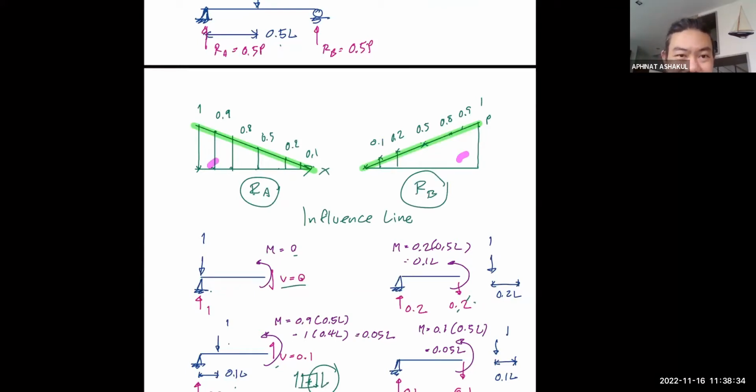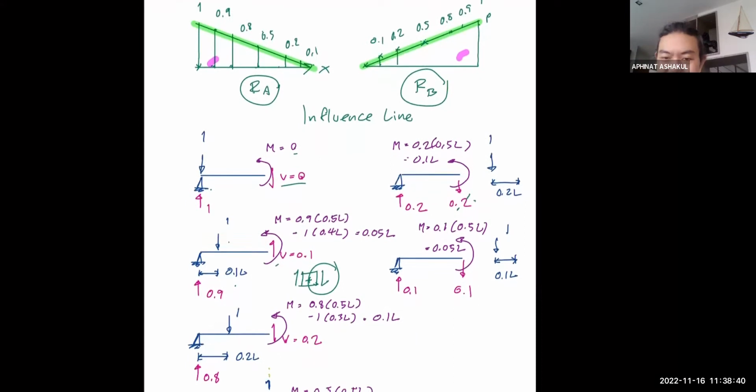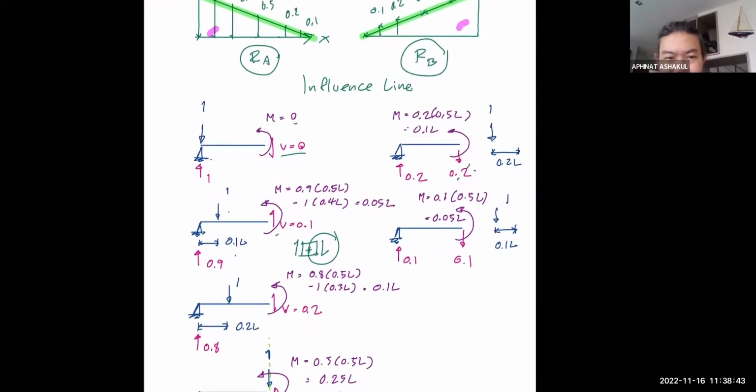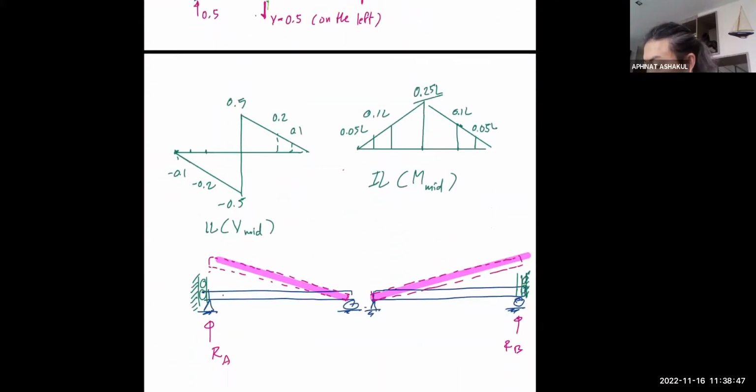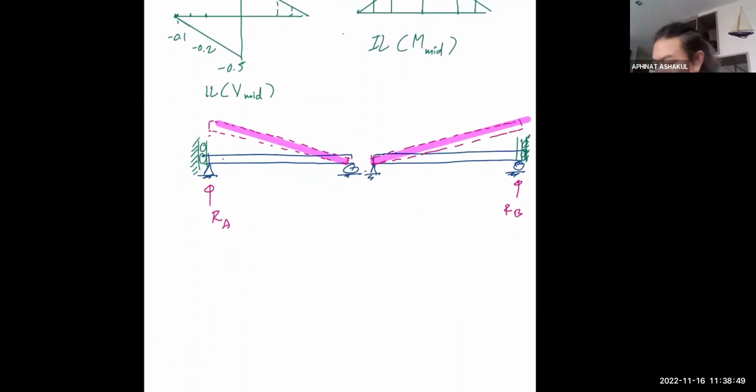Okay, now that is some kind of a shortcut. If you can imagine properly, you see how you will never go back to using the free body diagram to calculate the magnitude of the force and plot. But it gets tricky. Let's say now I want the shape of the shear at midspan.